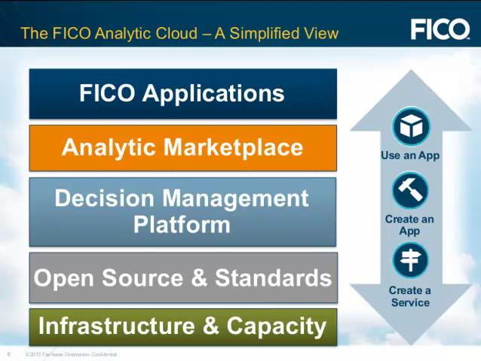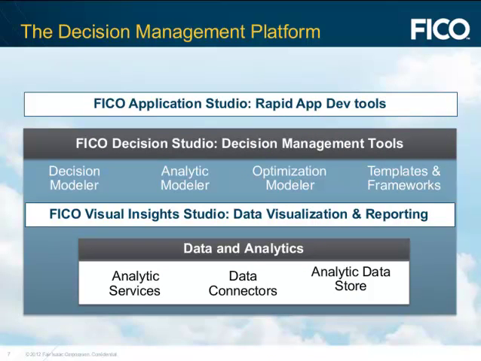What does this mean for optimization? So focusing on the decision management platform, the view is that you get a FICO Application Studio, which is a rapid application development studio. It also comes with great data visualization and reporting capabilities. And in the middle, you see we have decision modeling, analytic modeling, and optimization modeling capabilities within the decision management platform.